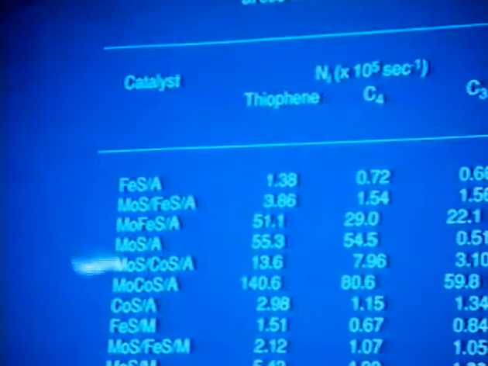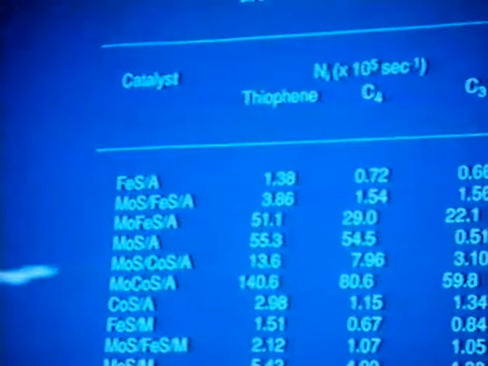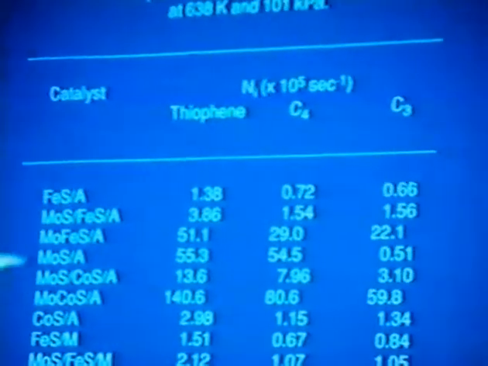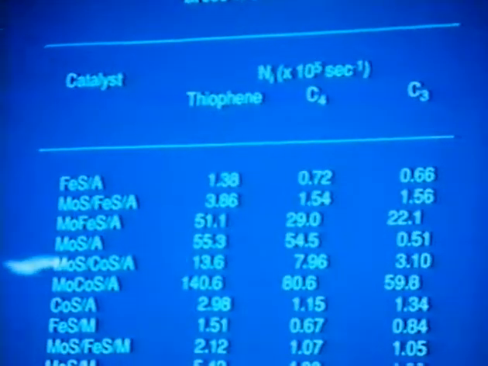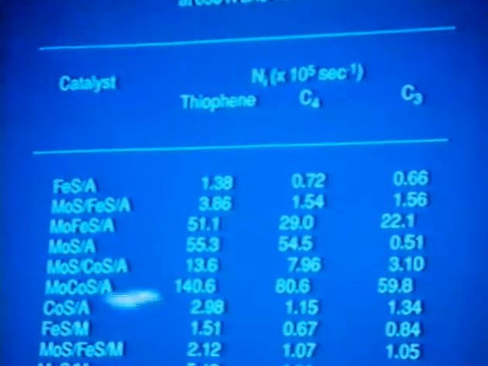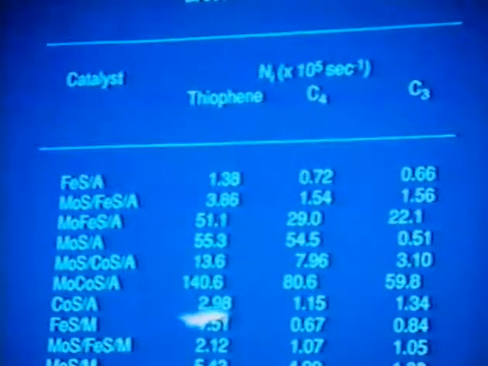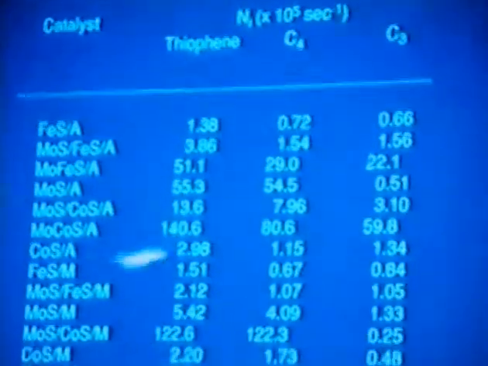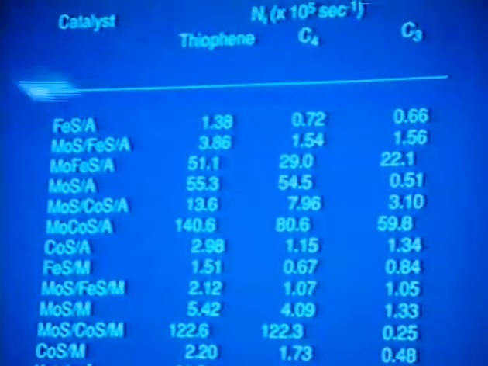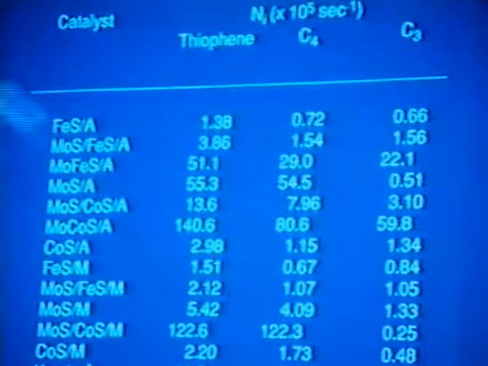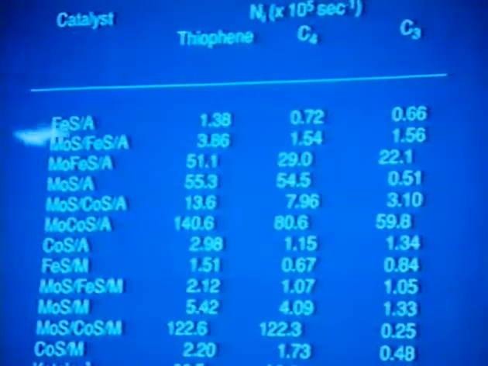If we take, for example, the molybdenum-cobalt system, you can see that the bimetallic catalyst is pretty much an average of the molybdenum sulfide on alumina and the cobalt sulfide on alumina. Not necessarily an average, but it's a combination of the two activities. And this pretty much summarizes the results that we found for alumina, at least in the case of bimetallic catalyst produced from the monometallic sulfides.